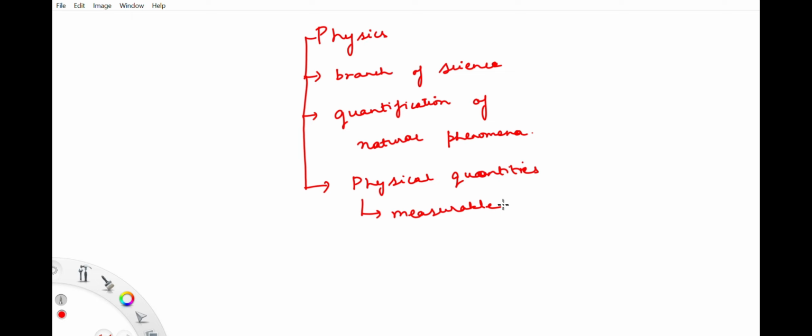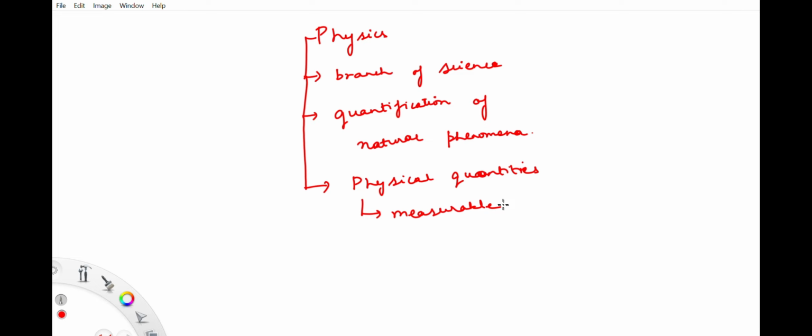It's measured using a thermometer. The speed of your car, your mass, or the weights that you lift in gyms, they're all measurable. Some examples of physical quantities could be mass, length, time, temperature, right?